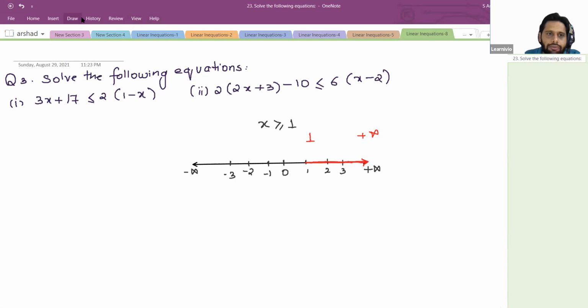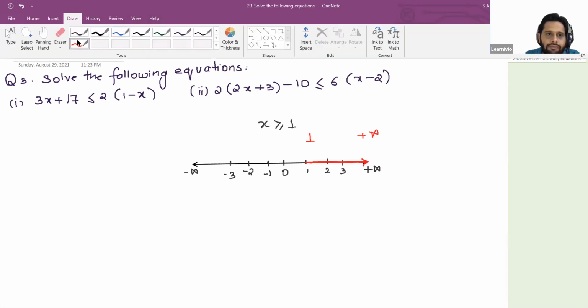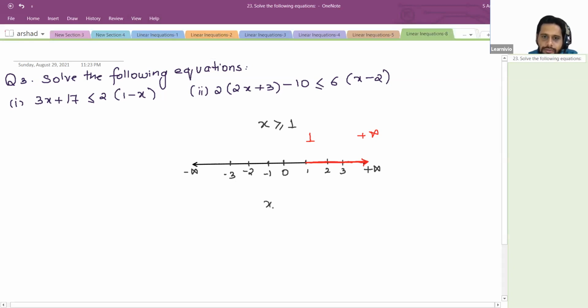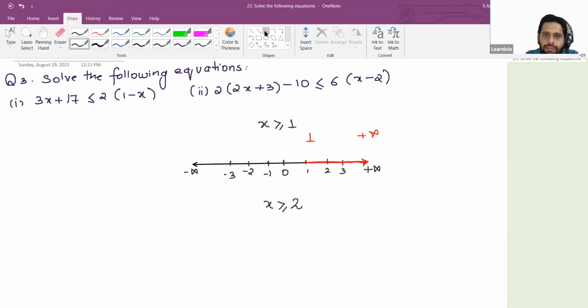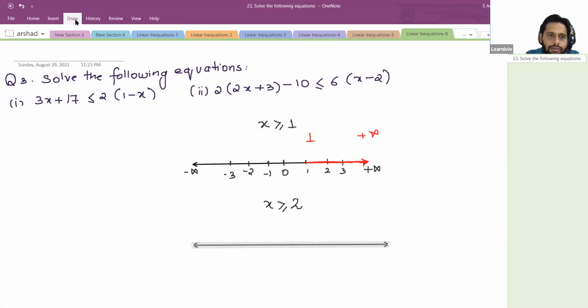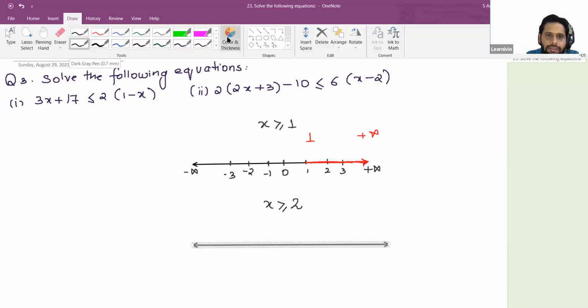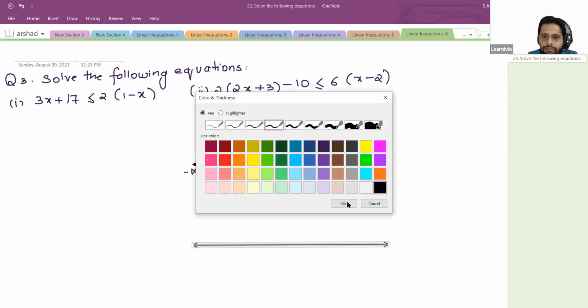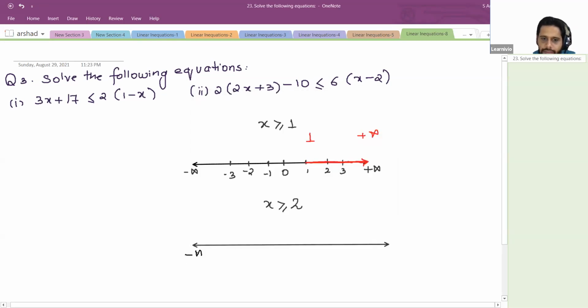Now suppose we have x is greater than or equal to 2. If we need to represent this on the number line, then how can we do this? We will draw a number line. On the left side, we will write minus infinite.